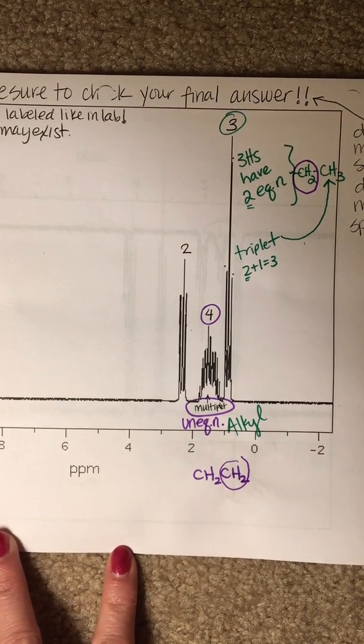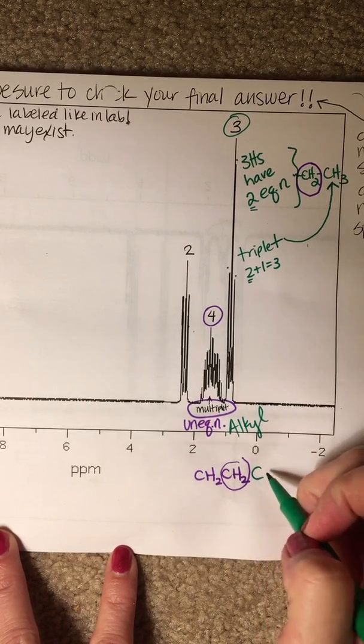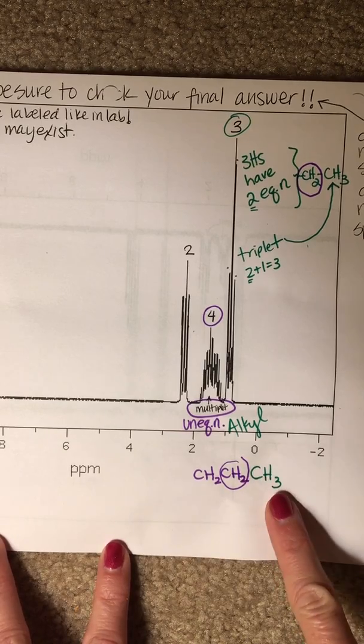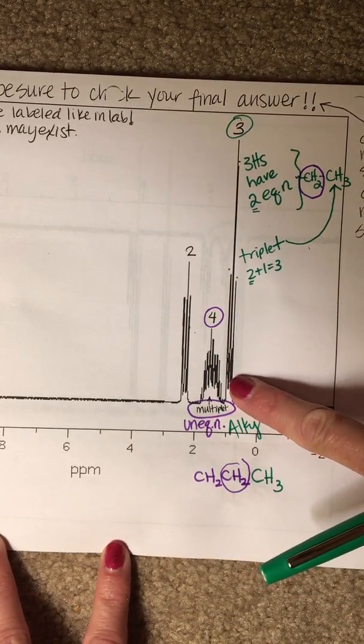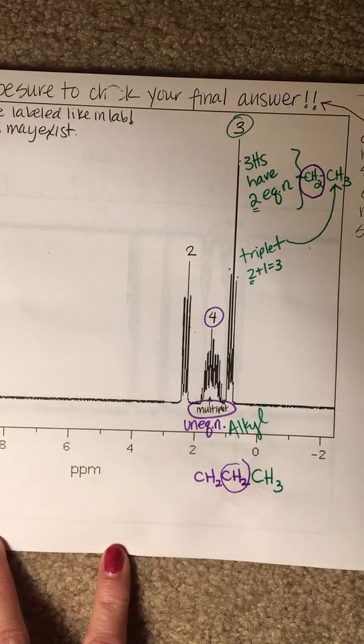So I'm going to go ahead and bring down my other little CH3 that we know was that upfield triplet. So here are these 3 hydrogens giving a triplet. These 3 hydrogens have 2 neighbors. So 2 plus 1 is 3. That's why we're seeing that triplet.